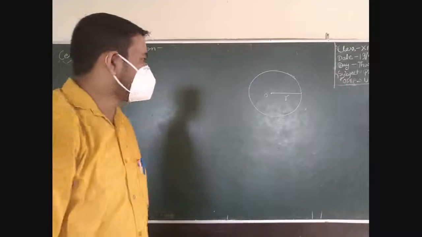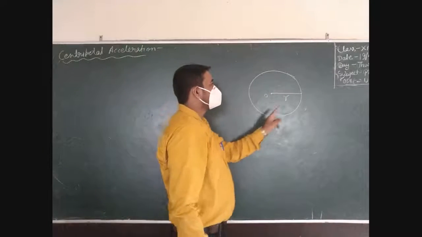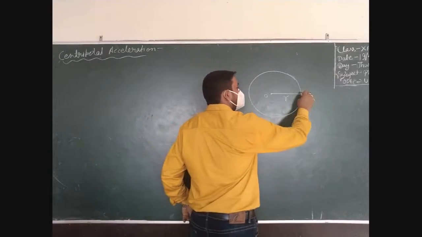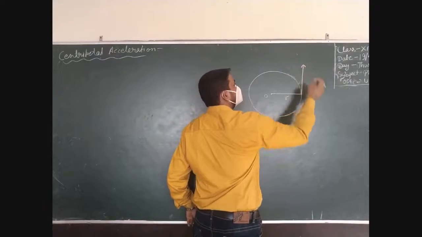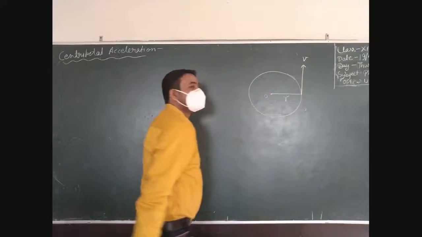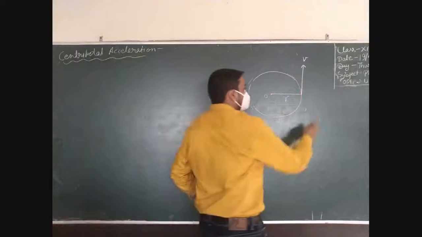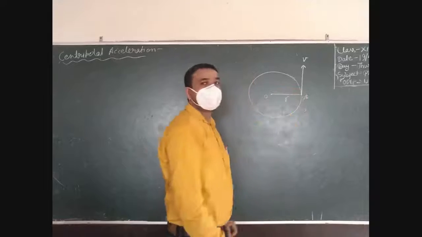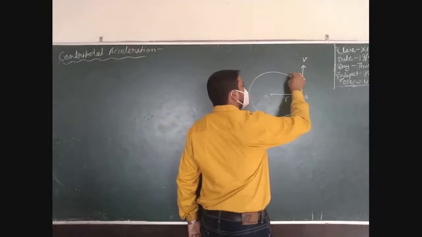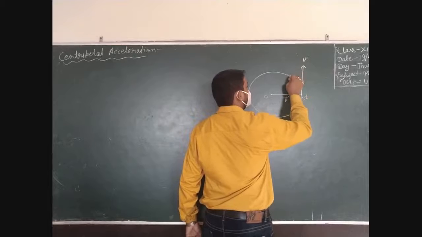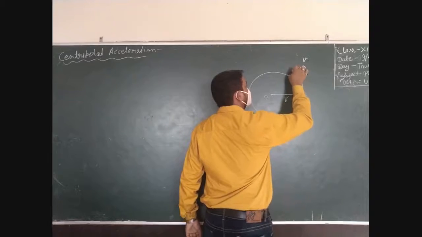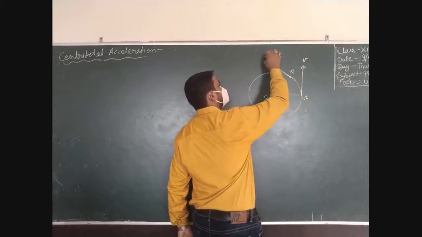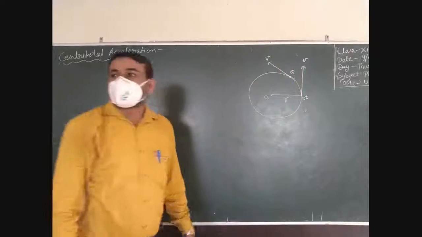As we discussed in the previous class, if we draw the tangent to the point of the circle where the radius touches, it gives the direction of velocity. Suppose at any instant t, the particle is at point P and after a certain time passes, the particle reaches point Q, and when we draw the tangent to the point Q, we get the direction of the velocity again.